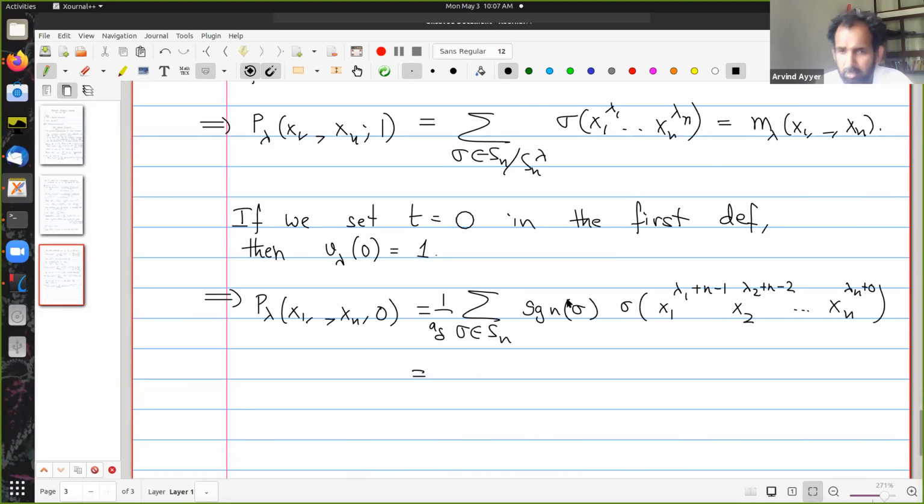And this you can see is clearly a determinant expansion. And what is it a determinant of? This is exactly a lambda plus delta, as Amri defined it, divided by a delta. And so you get the Schur function.